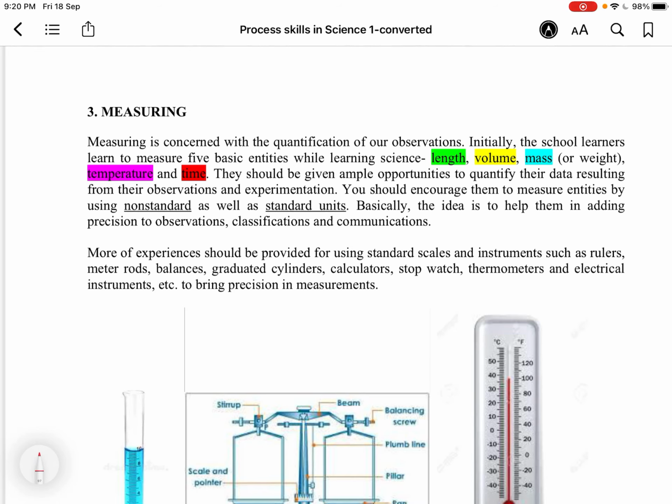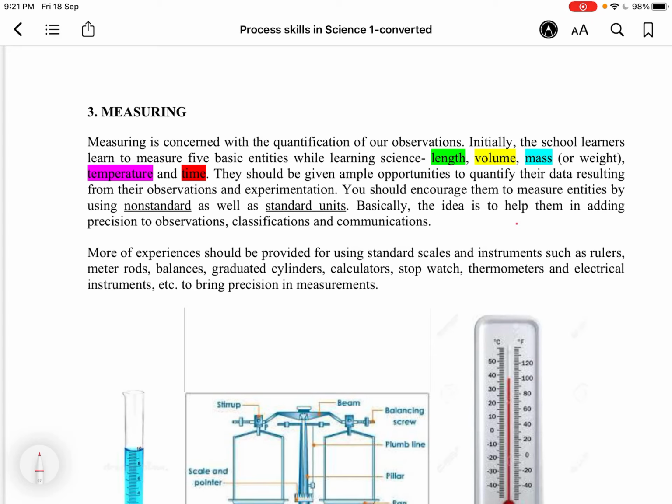And now also we are using them. To measure temperature, we use a thermometer, and to measure time, the watch or clock or stopwatch. And nowadays smartphones are there. So we can encourage our learners to measure certain entities by using non-standard units and, mostly, standard units.